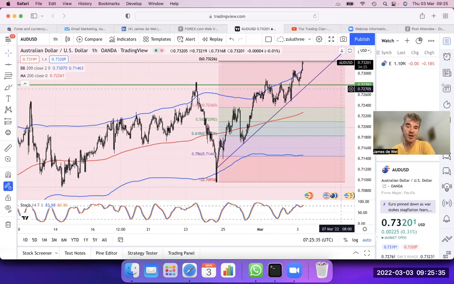So there's the Australian dollar, US dollar. I've just sold it based on the overall daily chart setup, and I'd like a move back down to this trend line, or perhaps even down to the support line, which is at about 0.73, well, not quite, actually, it's a bit lower than that. 0.7280.